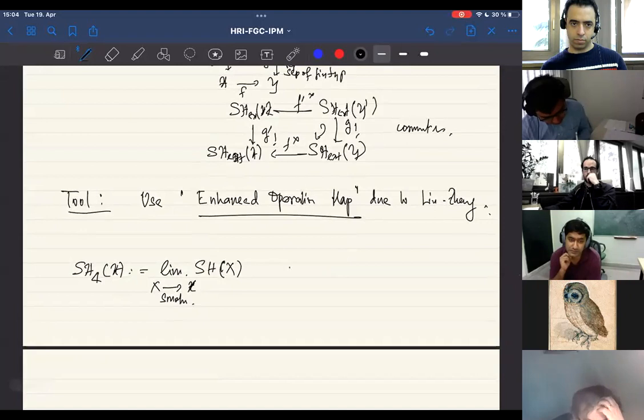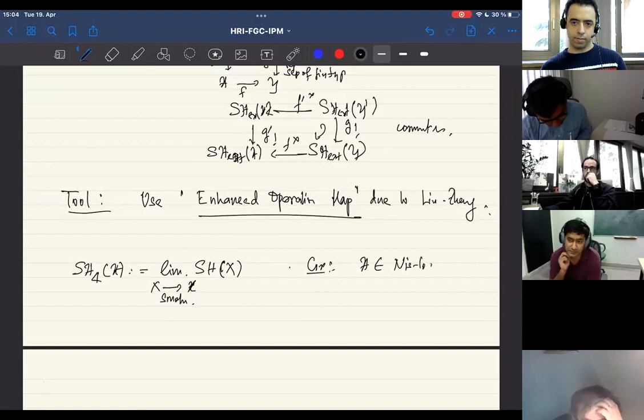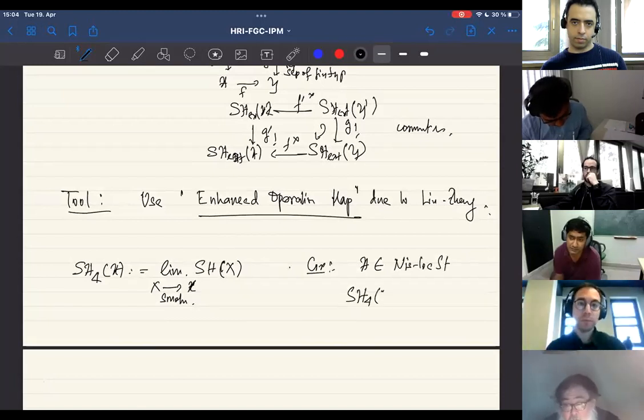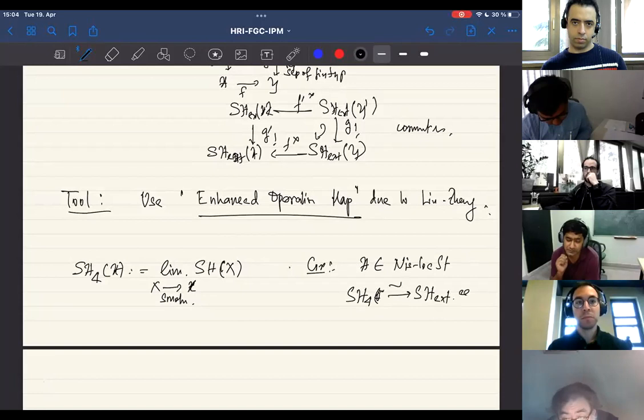And there is a corollary mentioned in my arXiv article and also in the paper of Khan and Ravi, that if my X is log-smooth, then we have a canonical functor from SH delta to SH EXT, and this is an equivalence.